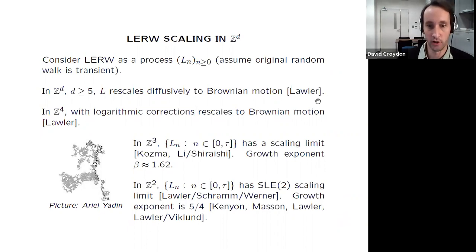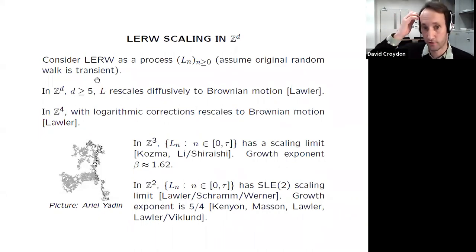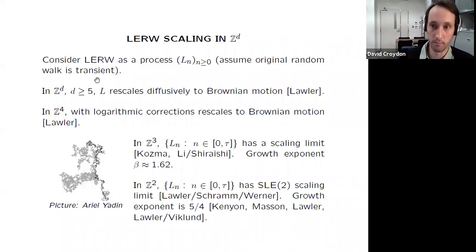So the point is that in high dimensions, so dimension bigger than 4, the random walk we know is transient, it drifts off to infinity, and actually the self-intersections of the random walk are quite small. And so in particular, they're not enough to change the global behavior of the process. So actually in these dimensions, the loop-erased random walk looks pretty much like a usual random walk, and in particular, it rescales in the usual way to Brownian motion.